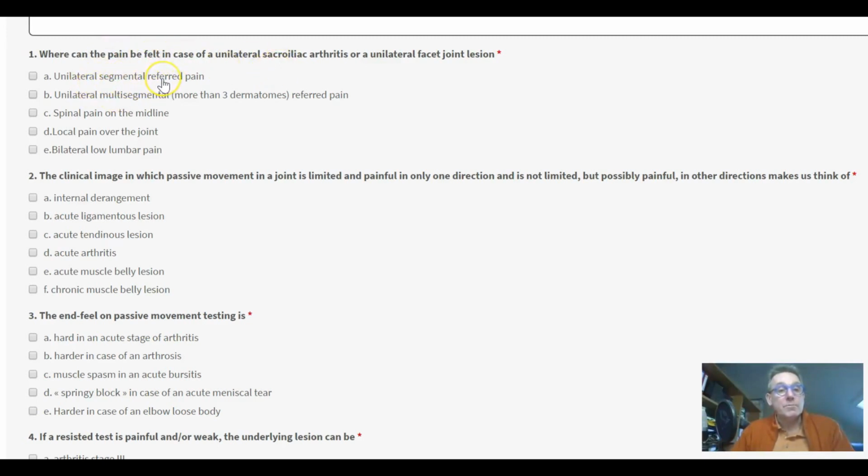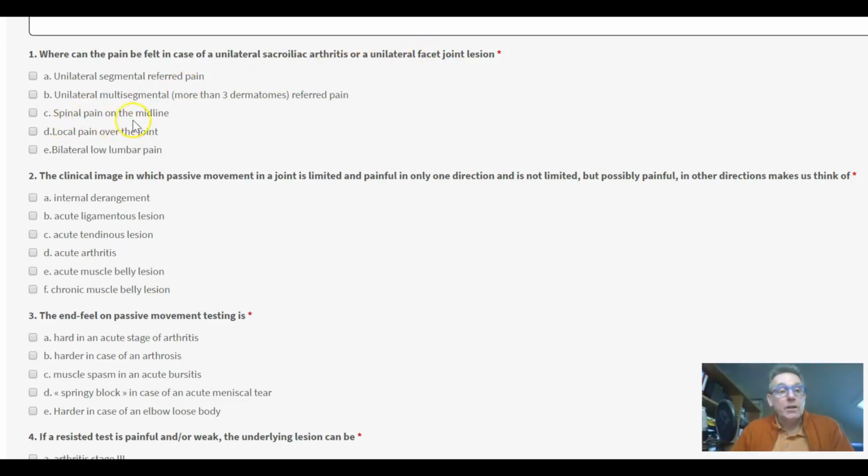Unilateral segmental referred pain? Yes. Unilateral multisegmental pain, more than 3 dermatomes? No. For instance, a sacroiliac lesion can refer pain mostly in maximum 2 dermatomes, S1, S2 dermatome, and a facet joint lesion is also going to be in 1 or maximum 2 dermatomes.